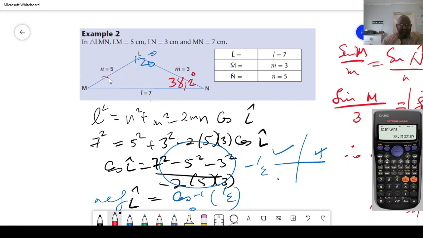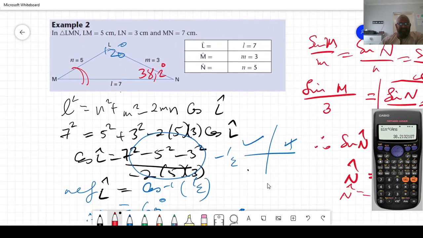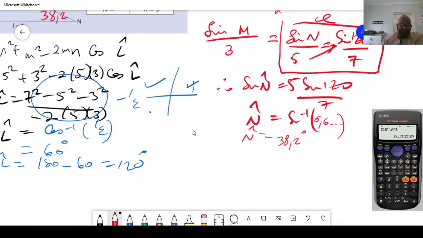So to calculate angle M is going to be sum of angles of a triangle. You can go again with sine rule, but so much unnecessary calculation there. So M is going to be 180 minus 120 minus 38.2.